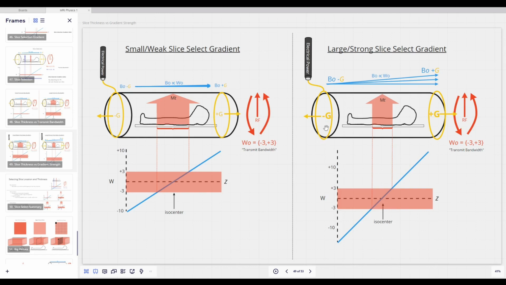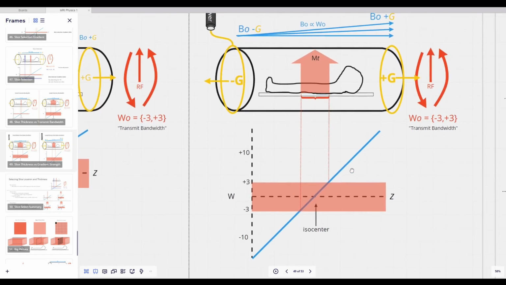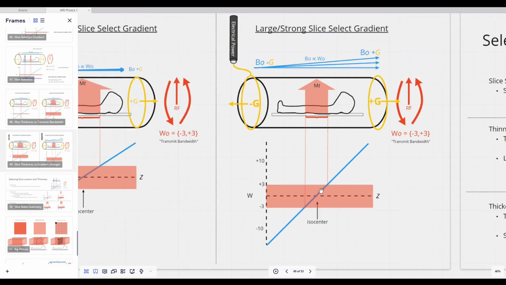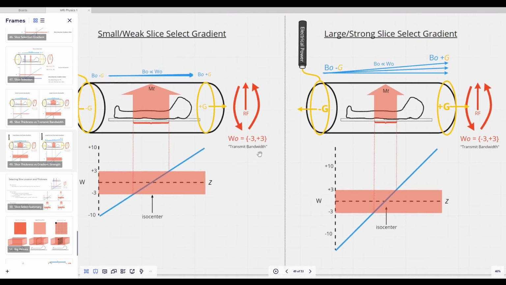So what happens is that because you have a greater amount of change across the patient, if we're still going from -3 to +3, that's going to be occurring over a shorter distance. Because the distance of the patient has not changed.